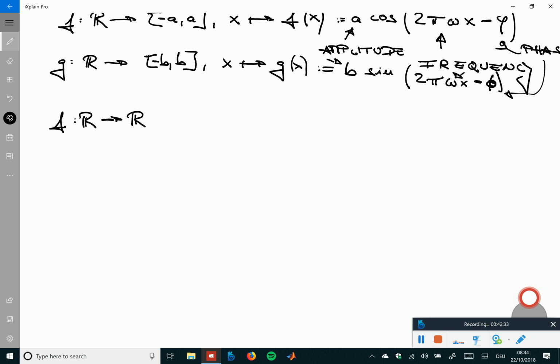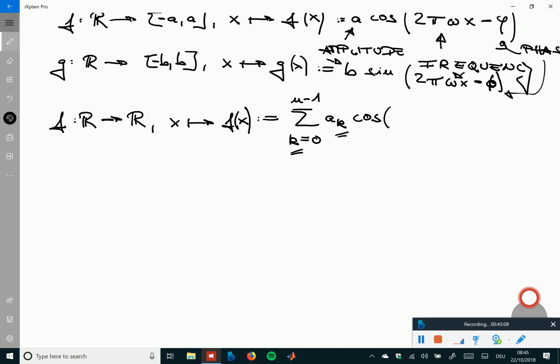functions f in the following form. We want to make sums from k to n minus 1 of these generalized cosine and sine functions, where we multiply each cosine with a different amplitude factor, ak. So this k depends on the iteration variable of the sum.